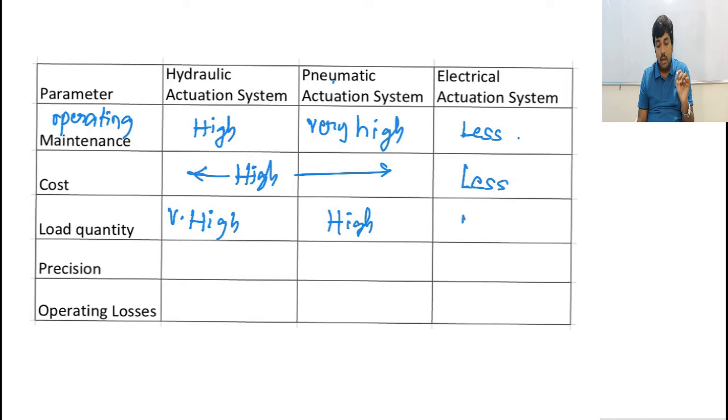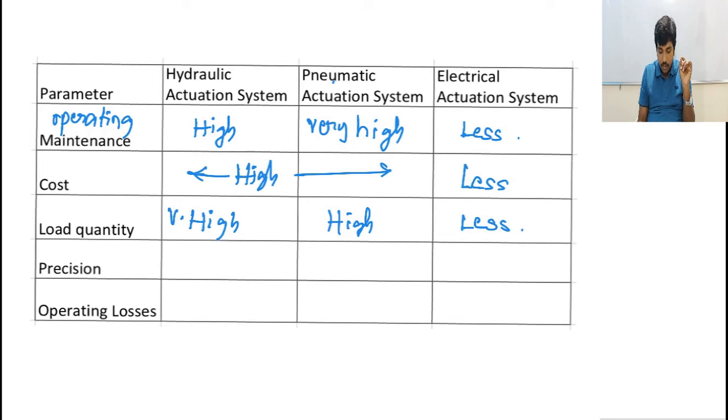And when it comes to the electrical actuation system, they are not capable of providing output mechanical power almost equal to the hydraulic or pneumatic actuation systems. Usually electrical actuation systems provide a very low output power. So by this time you should understand electrical actuators cannot displace 2000 newtons or 10,000 newtons and 20,000 newtons.